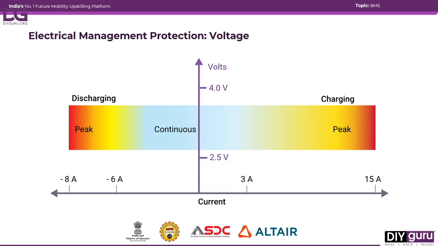Similarly, for the voltage also, it will set up the upper and lower thresholds. We have to feed in this data to the BMS, and then it will automatically keep monitoring the whole battery pack and protect against any overvolt or undervolt situation.